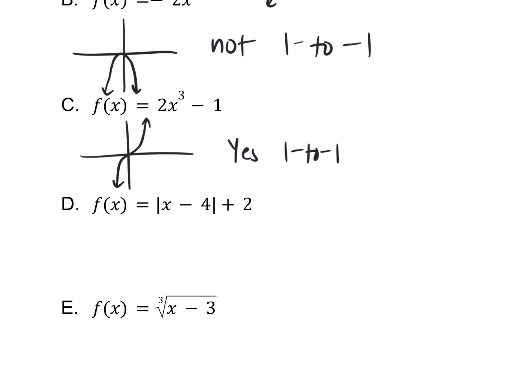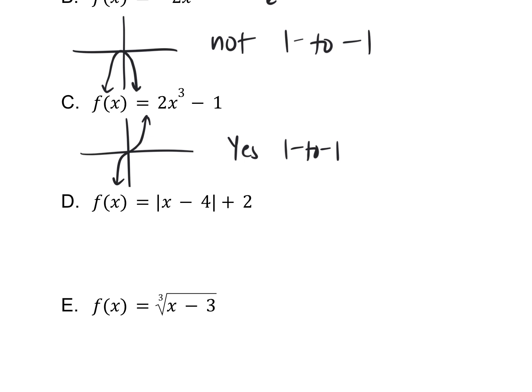Absolute value. What does absolute value look like? It's a V. Yep. Technically shifted where? Shifted up 2 and right 4, but technically that's not going to really affect our 1-to-1-ness. Is this 1-to-1? Nope, it does not pass the horizontal line test. Not 1-to-1.